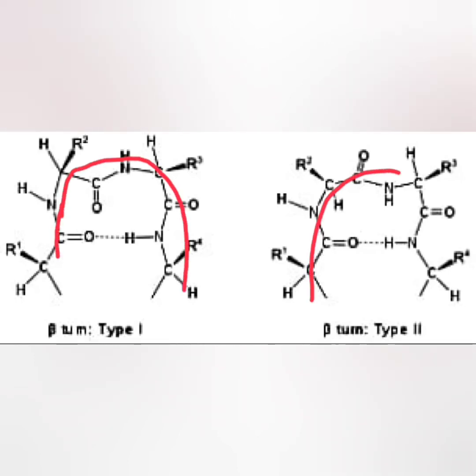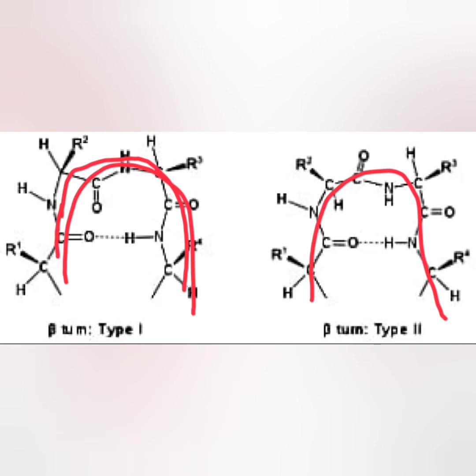So in order to fold into a compact structure, in a secondary or tertiary structure, the polypeptide often reverses direction in this way, making a hairpin or a beta turn or beta bend. Because it's bending like this, it is referred to as a beta turn or beta bend.